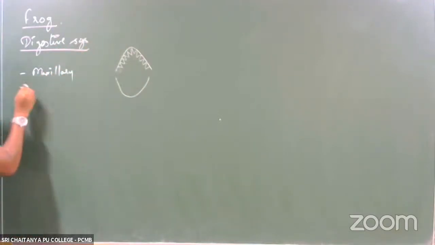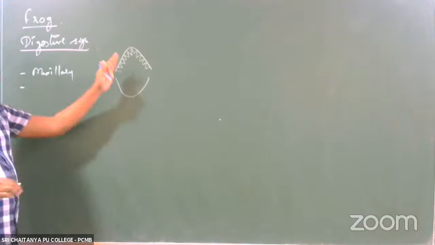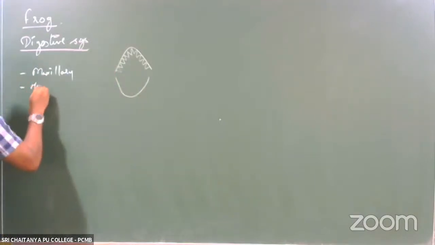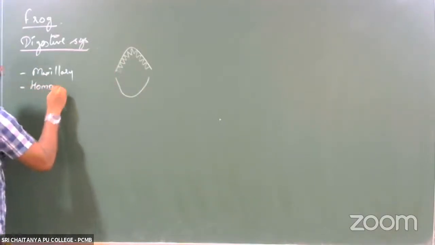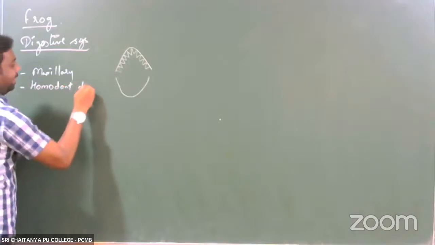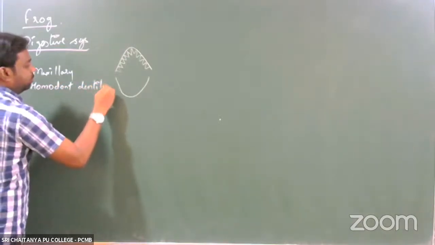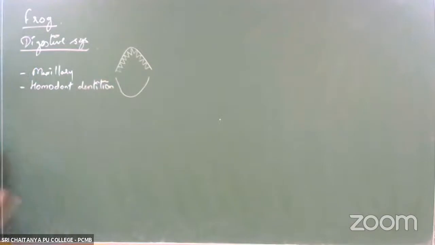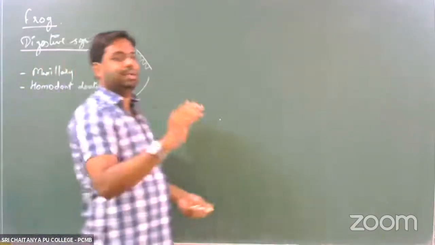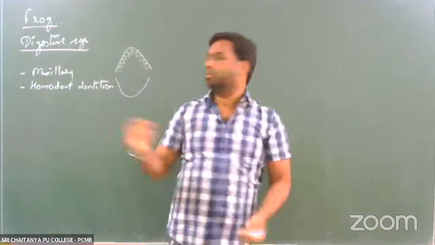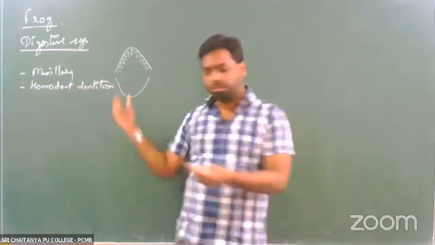Then we said that the type of dentition shown by these organisms is called homodont dentition. Homo refers to the same, meaning almost all the teeth are of the same shape and type.